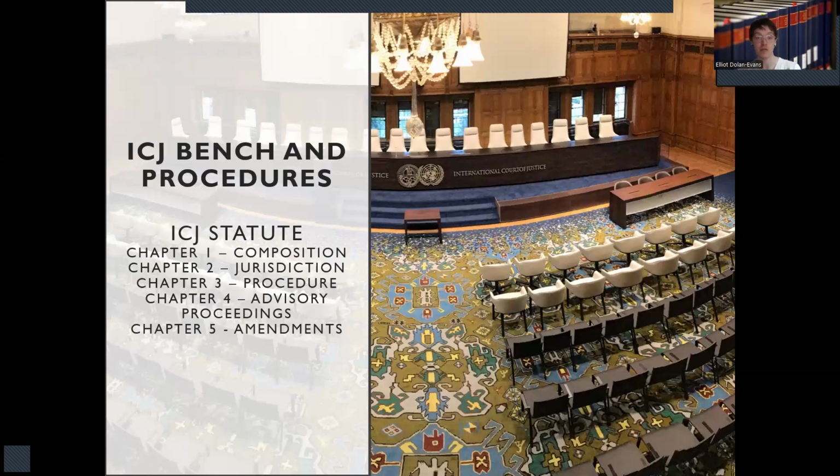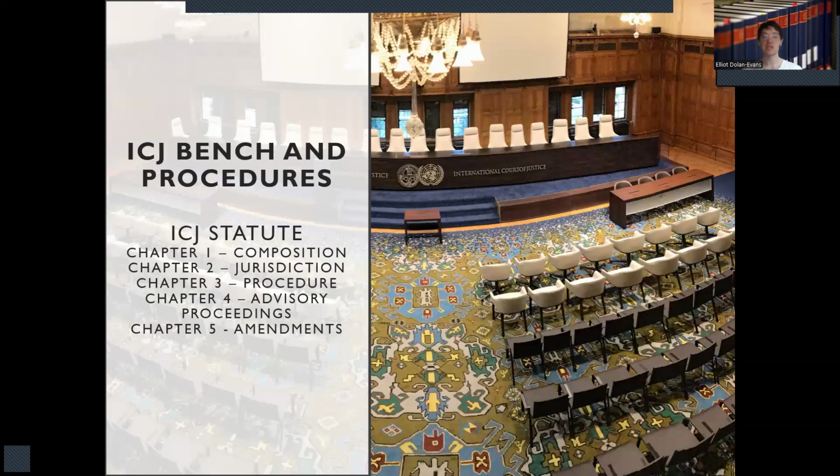It doesn't automatically extend to all states that have ratified or acceded to the statute or are otherwise entitled to appear before the court. In order for the court to have jurisdiction, there must be further consent by all litigating states to accept the court's jurisdiction.